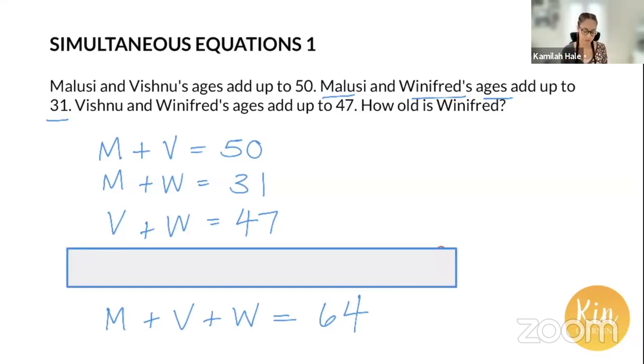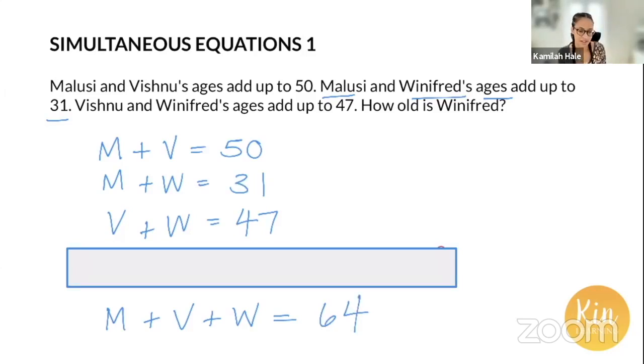Now we can use this information and this information to figure out how old Winifred is. So here we have Malusi, Vishnu, and Winifred's ages. That makes 64. I know already that if I only add Malusi and Vishnu's ages, I get 50. So the extra amount here must be due to adding in Winifred's age.